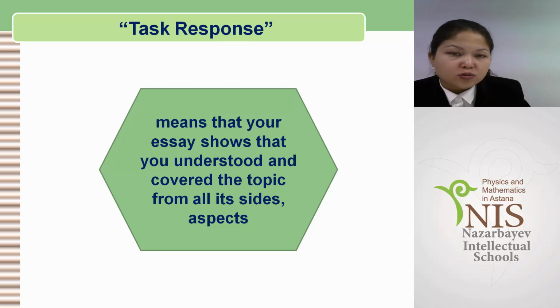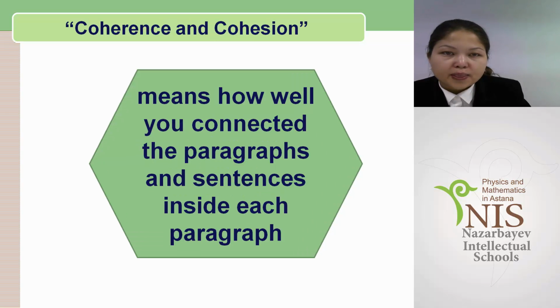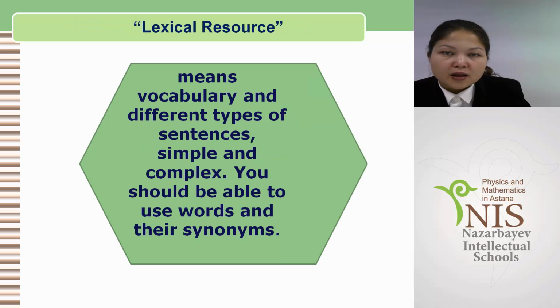So task response means that your essay shows that you understood and covered the topic from all its sides and aspects. Coherence and cohesion means how well you connected the paragraphs and the sentences inside each paragraph. Lexical resource means vocabulary and different types of sentences, simple and complex.